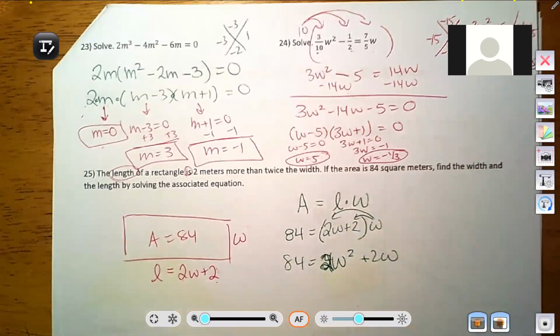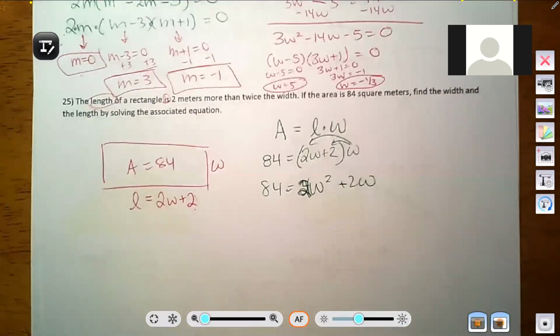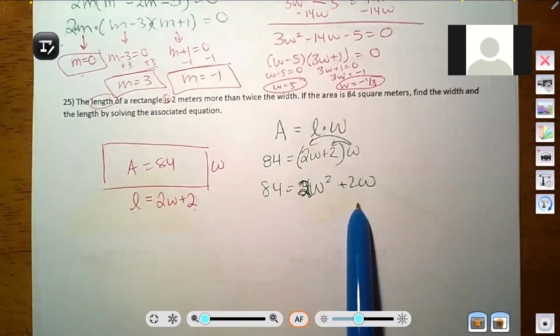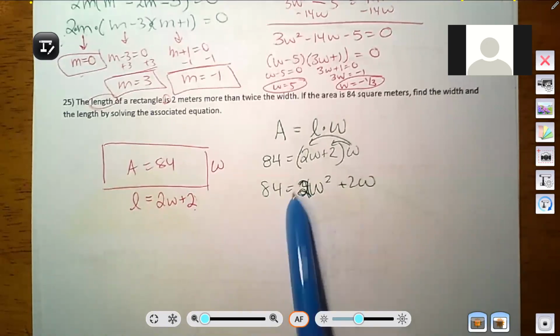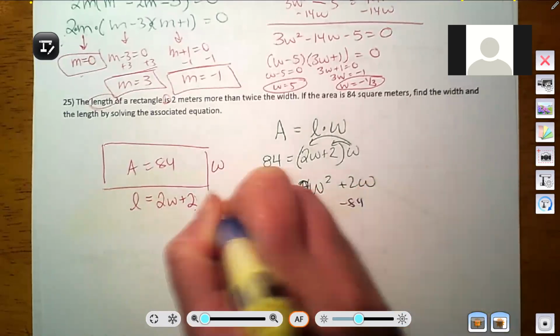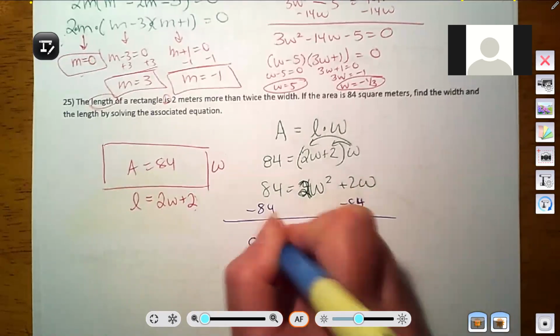Now, when I go to solve this, I can make use of the same technique I had just up above, and I really prefer when I'm factoring to have my leading coefficient be positive. So instead of subtracting 2w squared and subtracting 2w and making this side 0, I'm going to subtract the 84 from both sides and make this side 0.